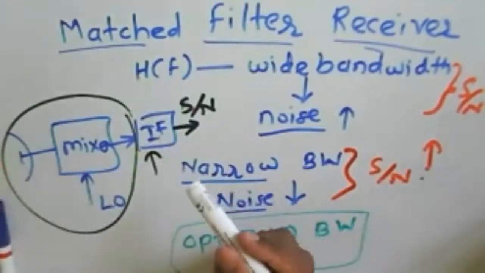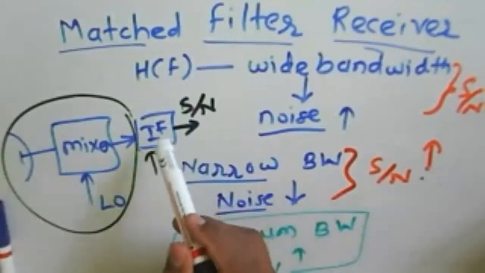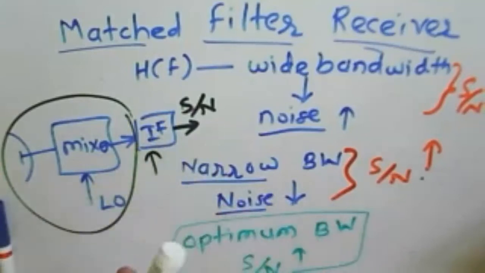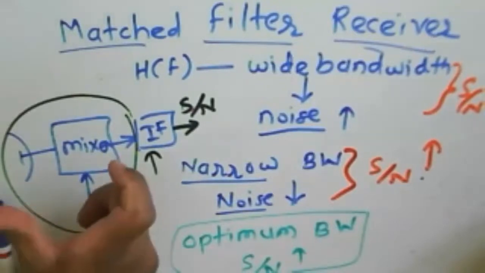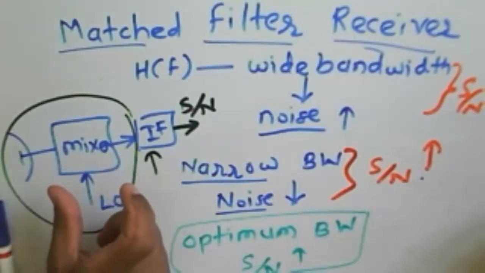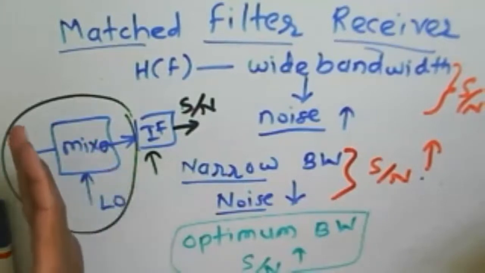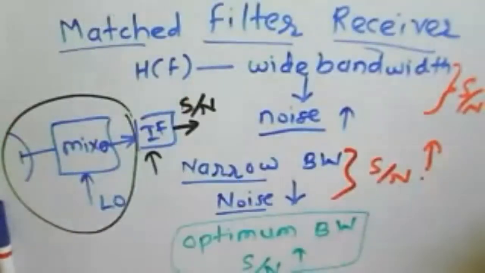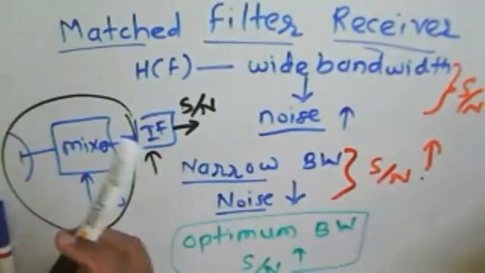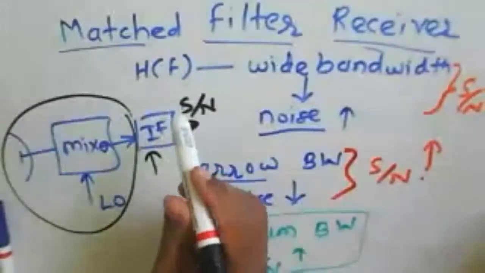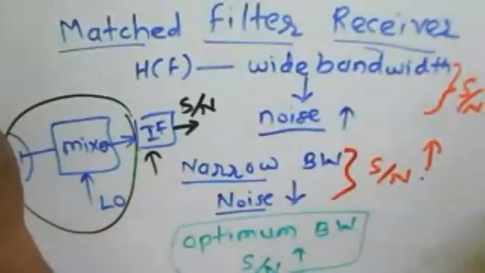So that's why we need a frequency response function, and that will be a portion of the receiver, in between the antenna terminal and the output of the IF band. That will improve the signal to noise ratio.